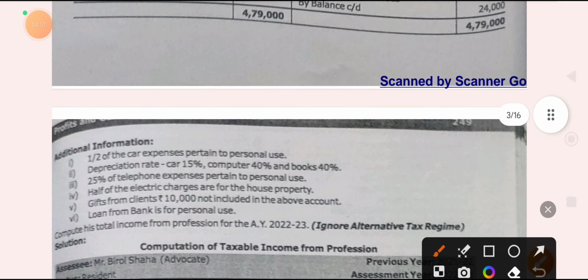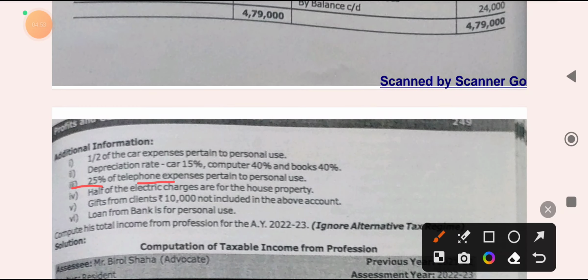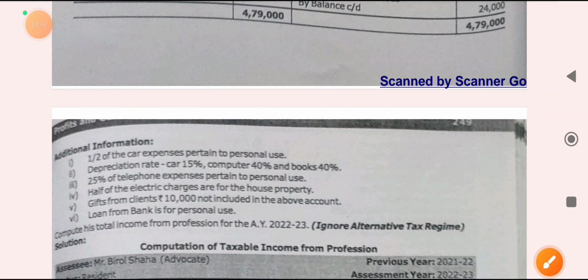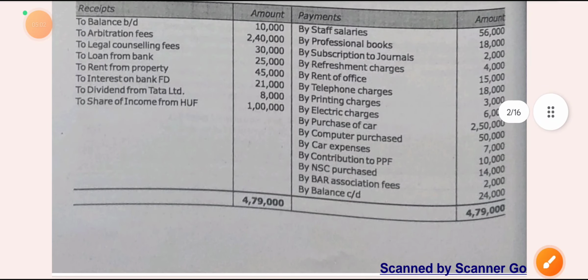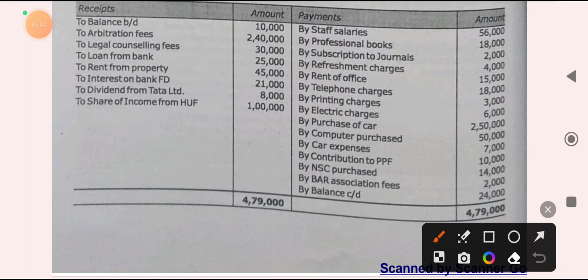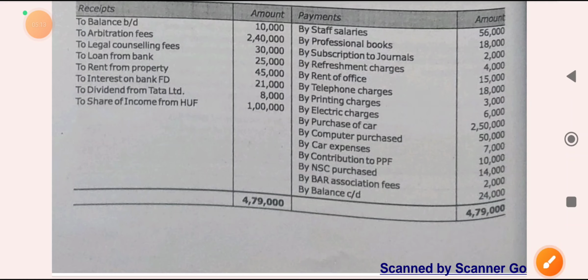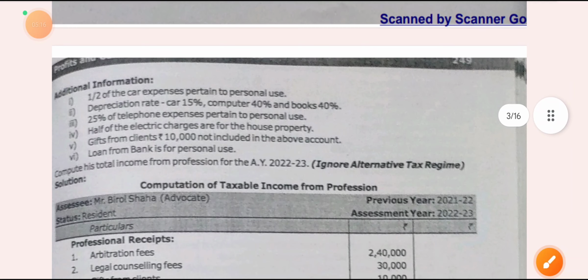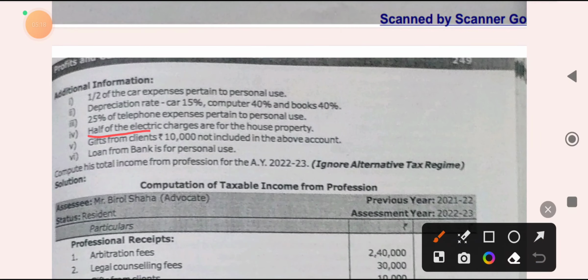Then 25% of telephone expenses pertain to personal use, so the remaining 75% only is related to office. So 18,000 telephone expenses into 75% only we need to take, because 25% is personal. Next, half of the electric charges are for the house.